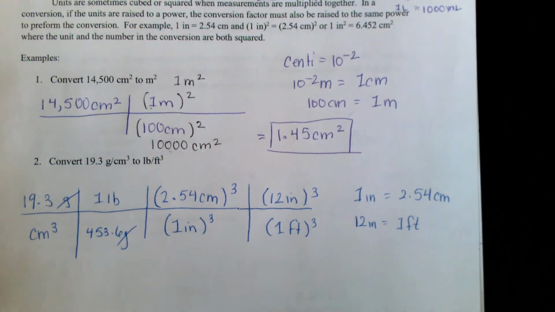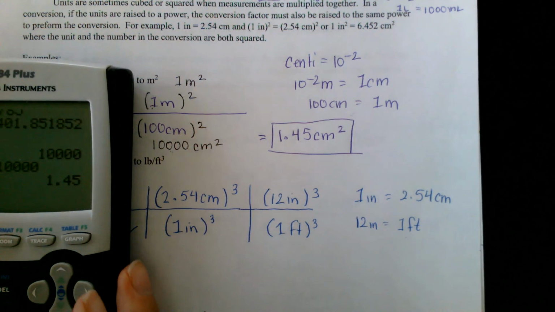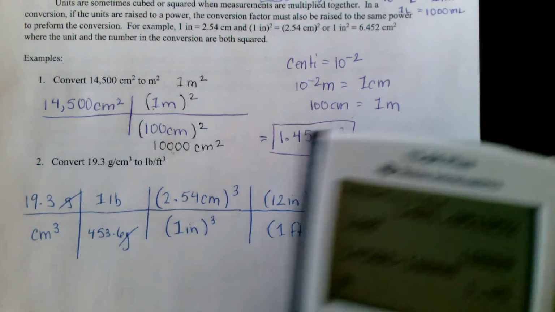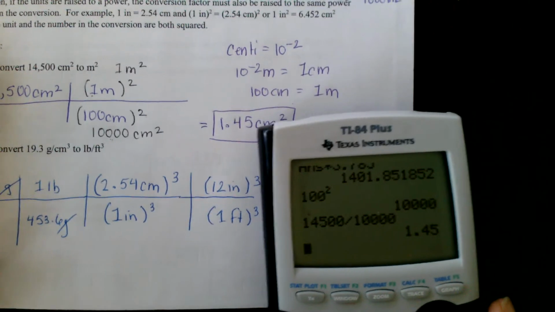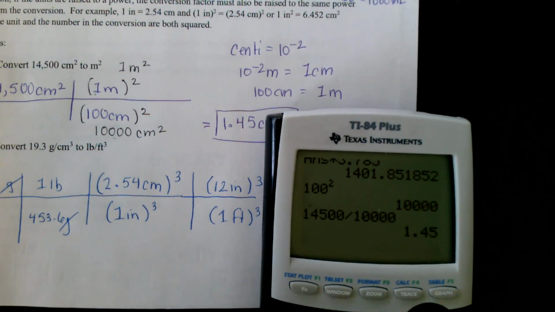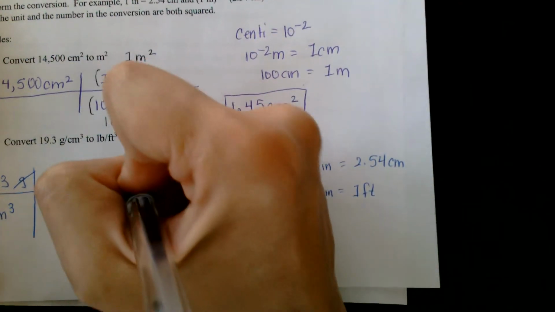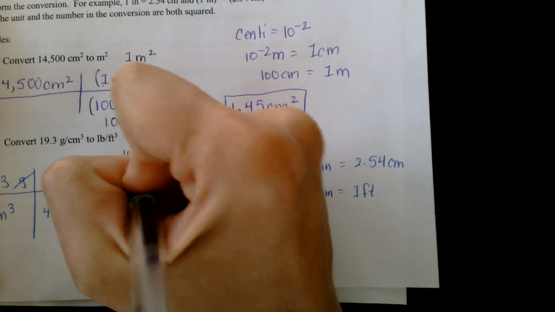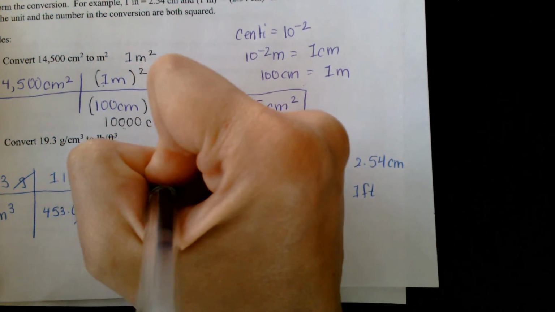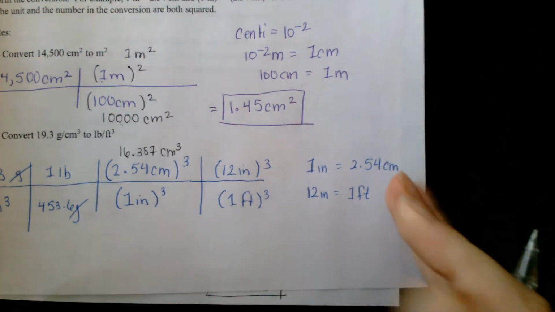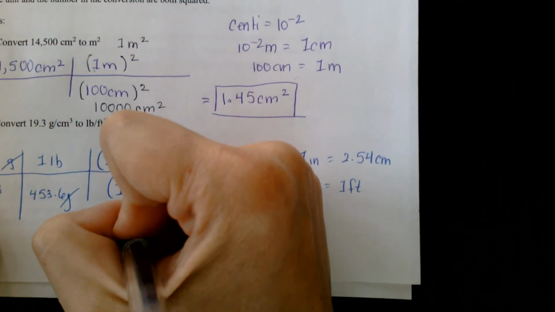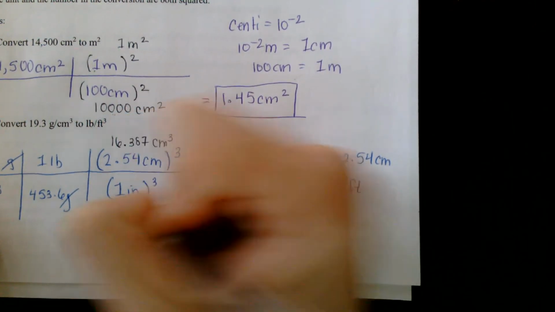Okay, so before I put this in my calculator, I'm going to do just a couple of things. Okay, so I want to know what 2.54 cubed is. Okay, so this is 16.387 centimeters cubed, and this is 1 inch cubed.